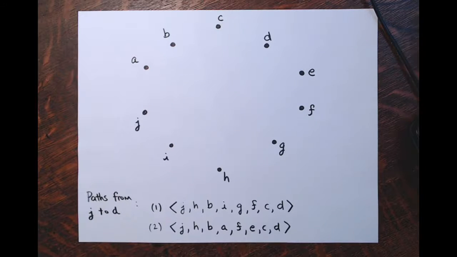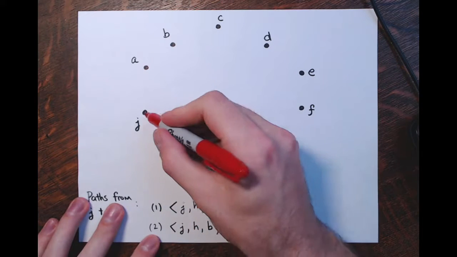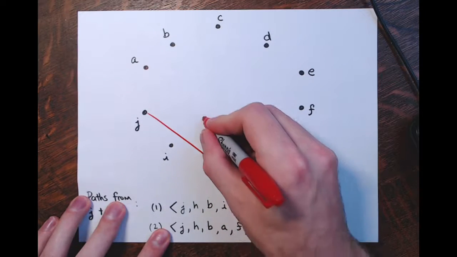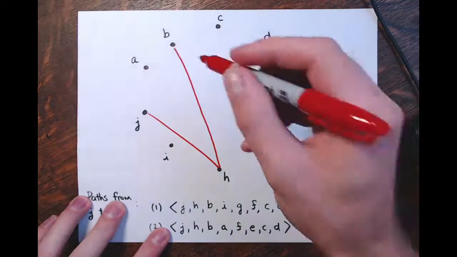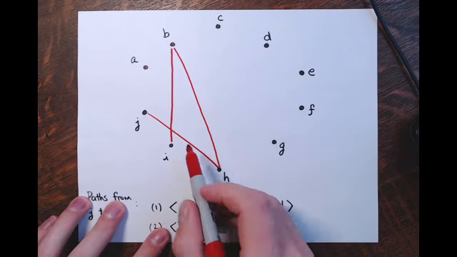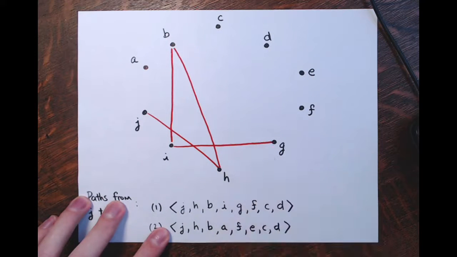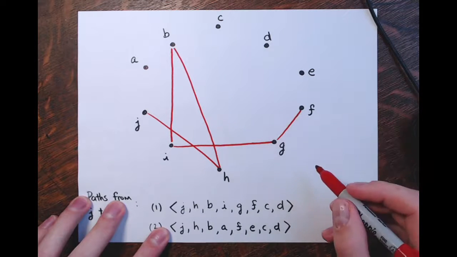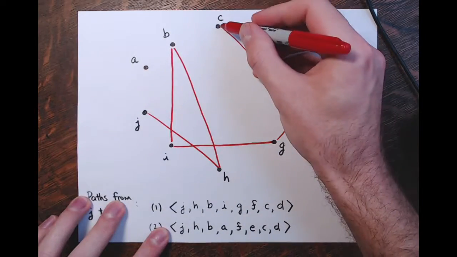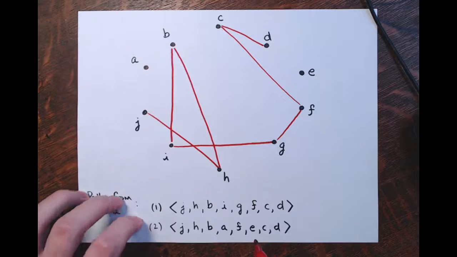And now I'll draw these paths that they gave us from J to D, these two different paths from J to D. So we have J to H, H to B, B to I, to G, G to F, F to C, and C to D. So there's one path that's in this graph.